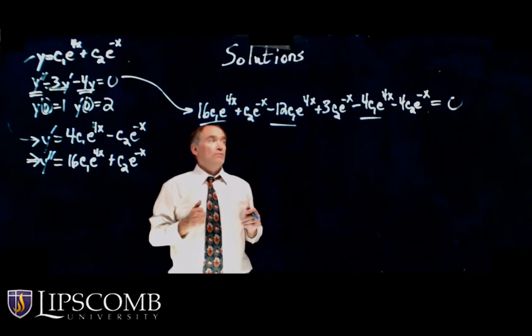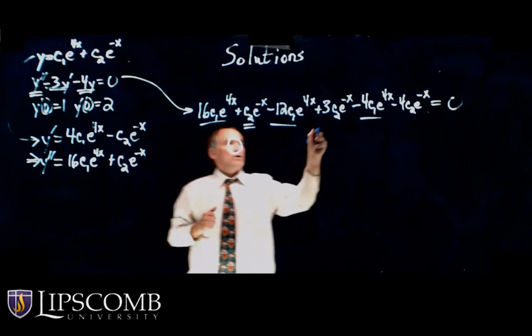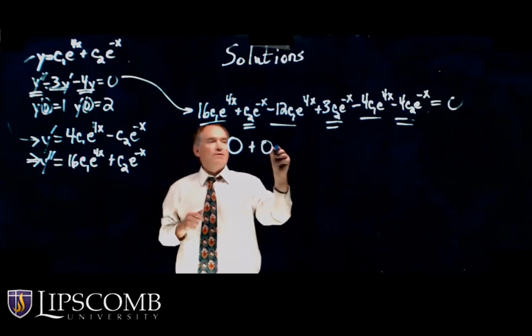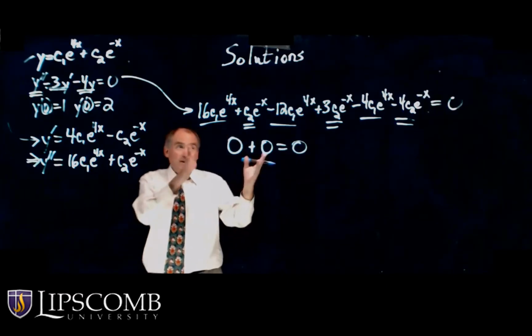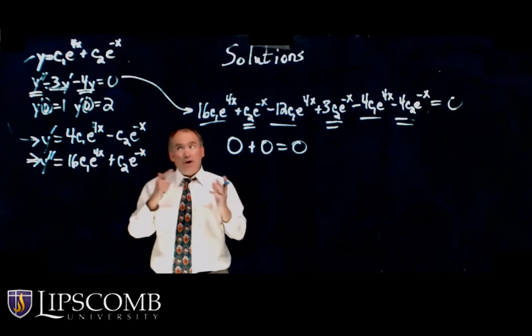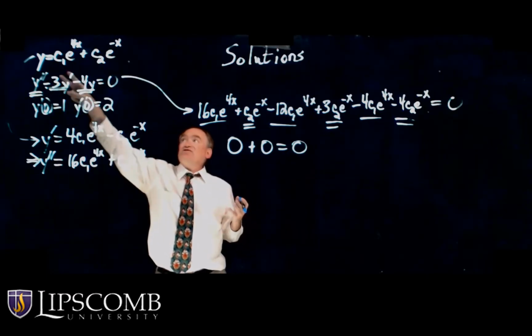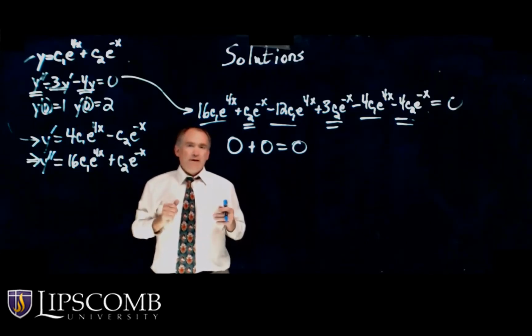They all disappear. 0. Plug in these. What do you notice? They all disappear. So in trying to solve for C1 and C2, I see I didn't, but I did do this: I proved that this is a solution to this differential equation.